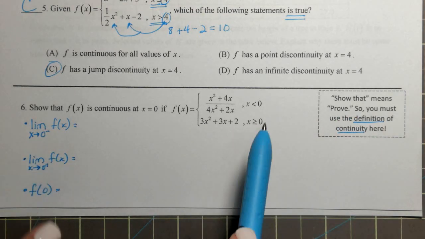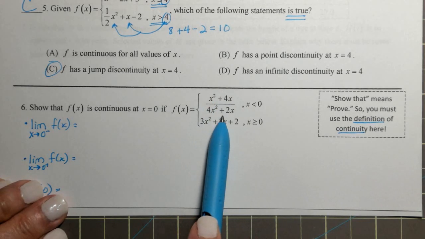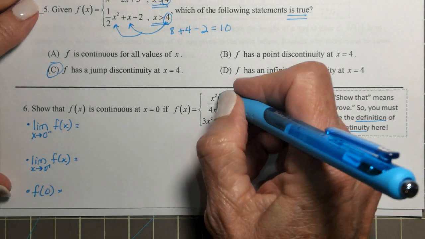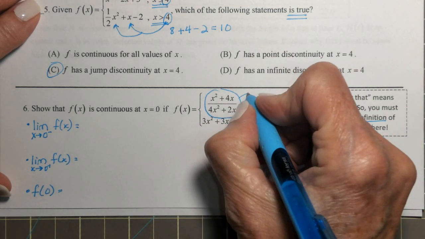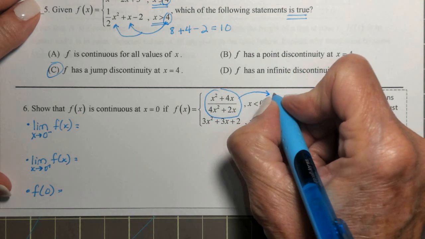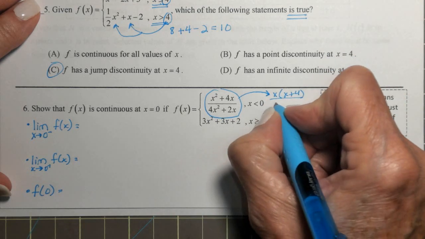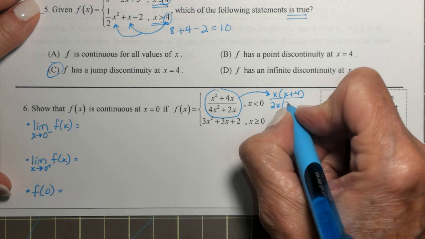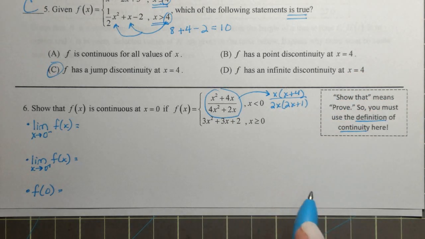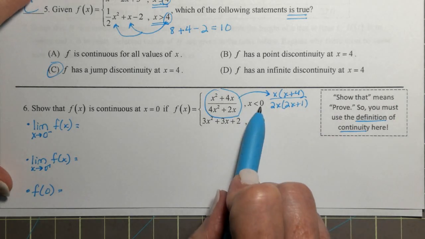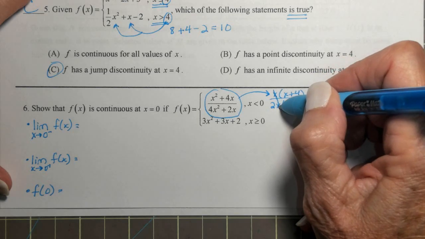All right, from the left, I come up here. Before I take it over here, I'm going to go ahead and factor this. So I can factor this: x times x plus 4, divided by, I'm going to take a 2x out, and I'll be left with 2x plus 1. And because x is not 0, I can reduce these x's.